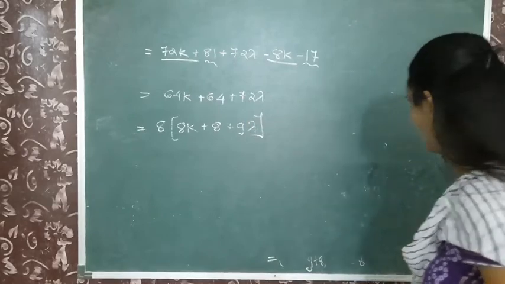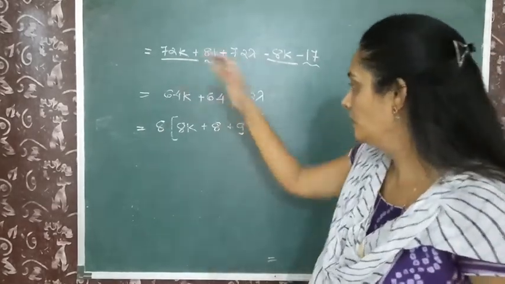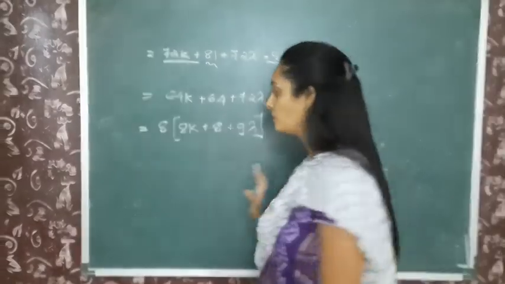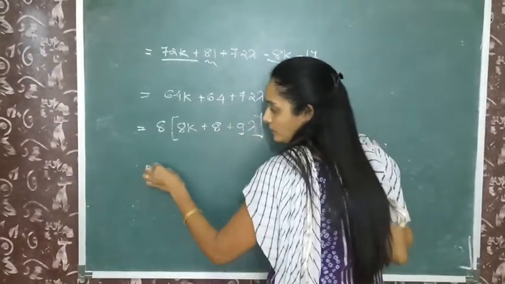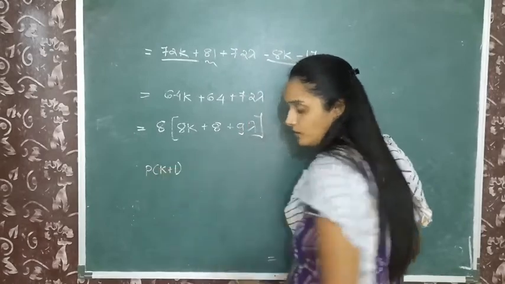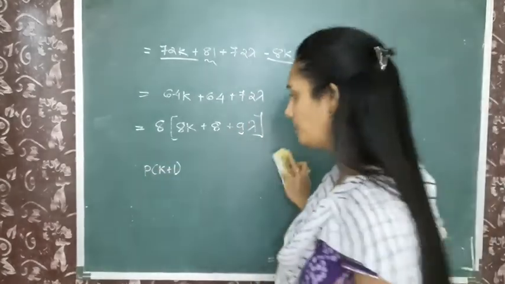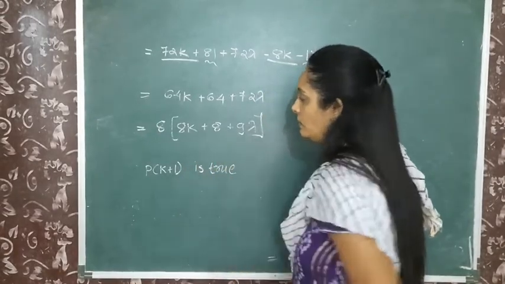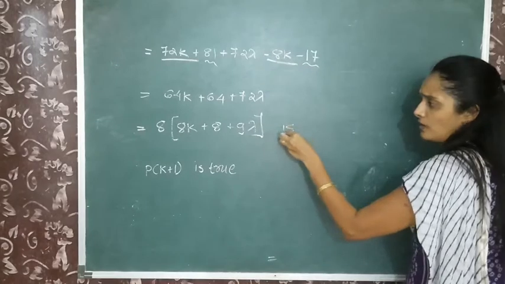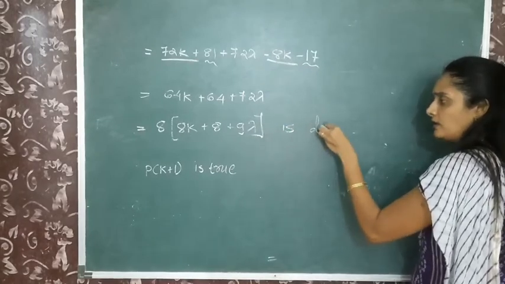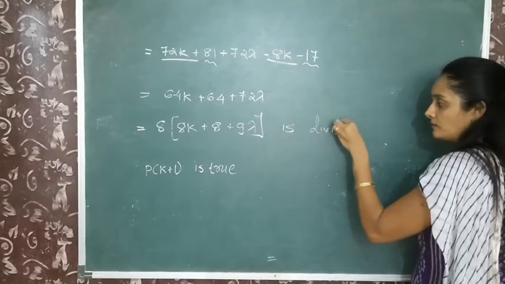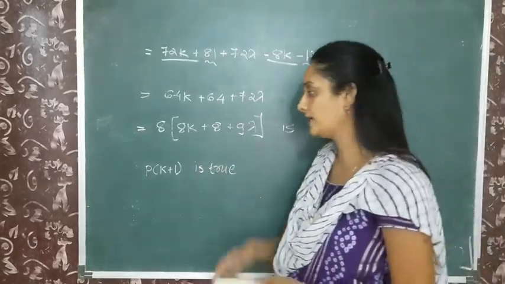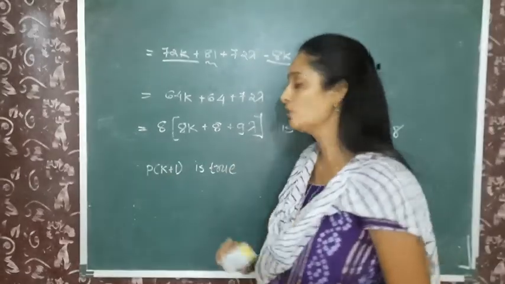Okay, so for the left hand side we have one factor as 8, so we can say p of k plus 1 is true. Okay, and if you want you can also say it like this: this term is divisible by 8, and therefore p of k plus 1 is true.